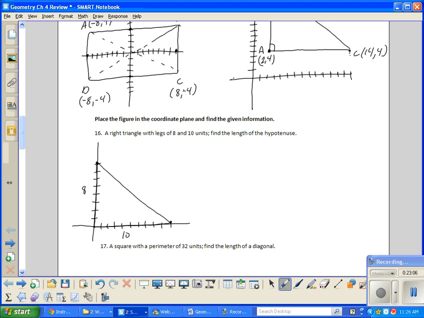So I need the coordinates of those two vertices, which are going to be 0, 8, and 10, 0. And to find the length of the hypotenuse, we use the distance formula, which, if you don't remember it, is the square root of x2 minus x1 squared plus y2 minus y1 squared.